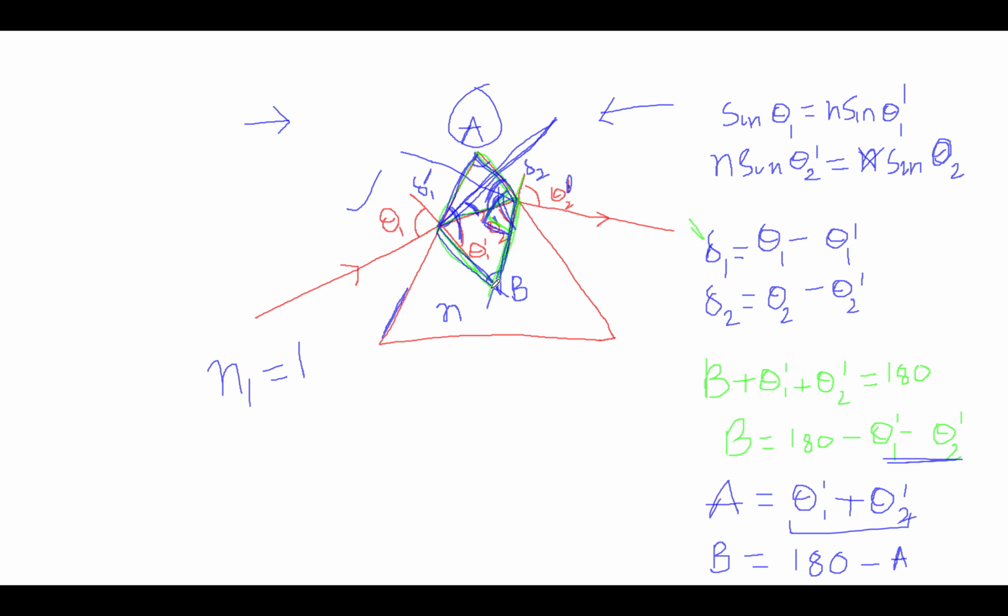So 360 minus 180 gives you 180. So A plus B, the opposite angles in the quadrilateral, should sum up to 180 degrees. So B is simply 180 minus A. And because we have here theta 1 prime plus theta 2 prime, we can write A as theta 1 prime plus theta 2 prime. I hope you are able to see what I'm talking about here.